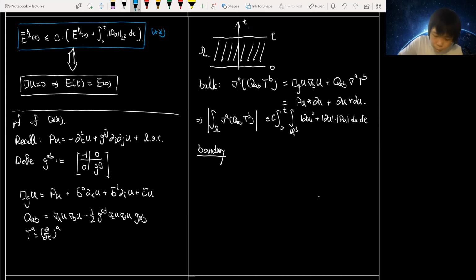Along the boundary, the integrand is still Q_AB T^B N^A, where N is the unit normal vector of these time slices. But now the metric is not Minkowski, so the normal may not be d/dt. But because we have the elliptic assumption, this integrand is still comparable to du squared.